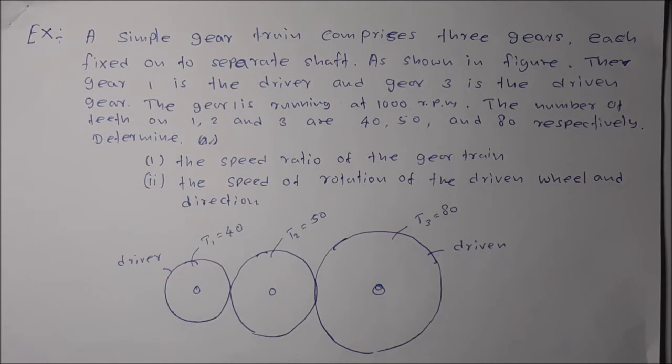The numbers of teeth on gears 1, 2 and 3 are 40, 50 and 80 respectively. Determine the speed ratio of the gear train, the speed of rotation of the driven wheel and the direction. Then let's see how to do this example.